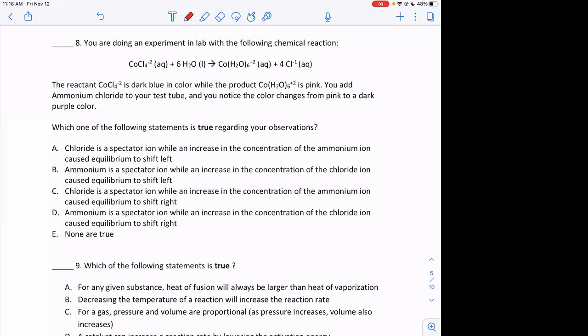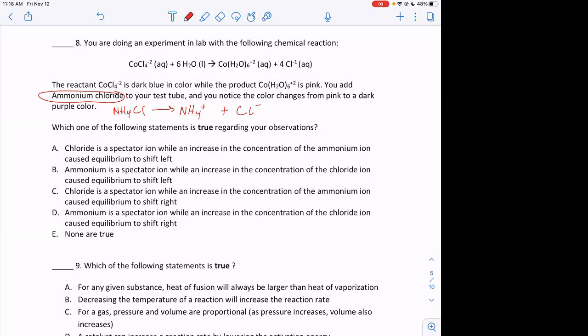So, by the way, just real quick, ammonium chloride, which we had a problem on this earlier. So it's NH4Cl. In solution, what's it going to break up into? What ions? NH4 plus, ammonium, and chloride. Okay, so these ions are what we're going to have in the test tube with our reaction.